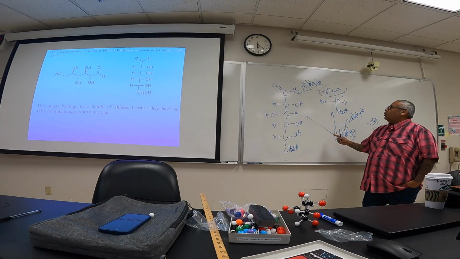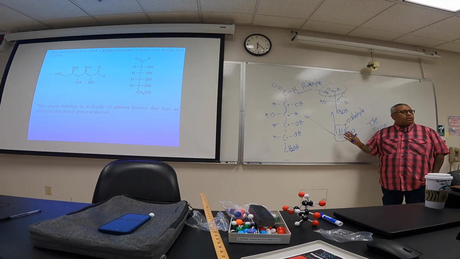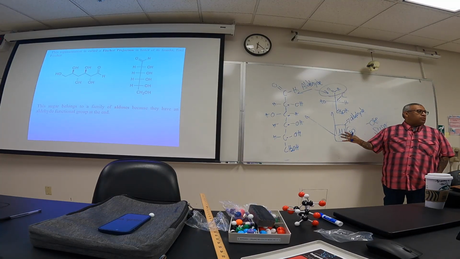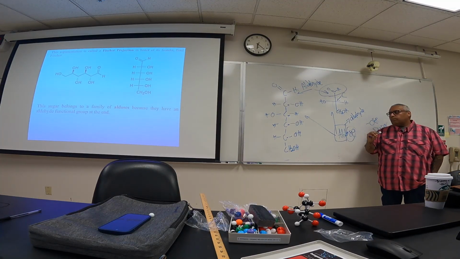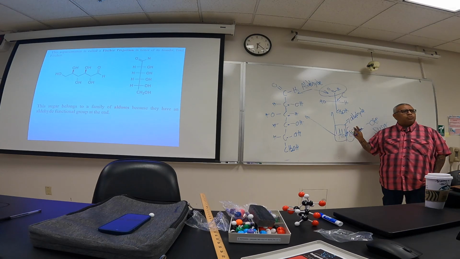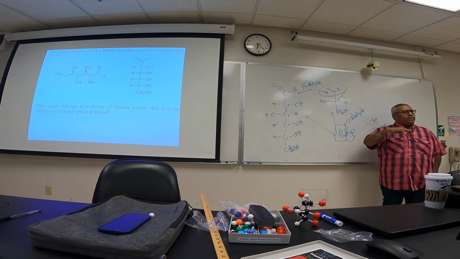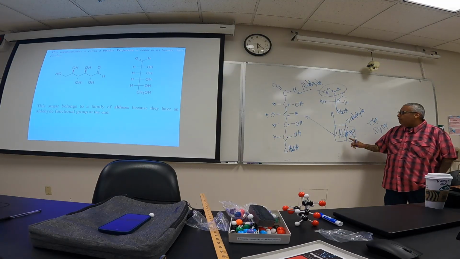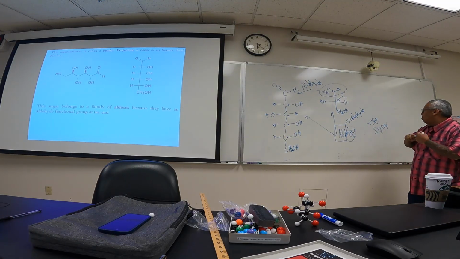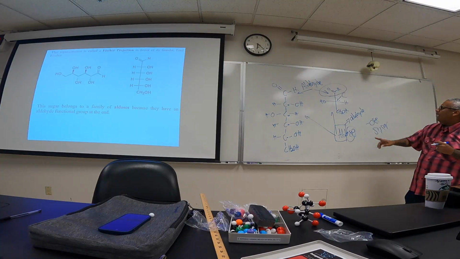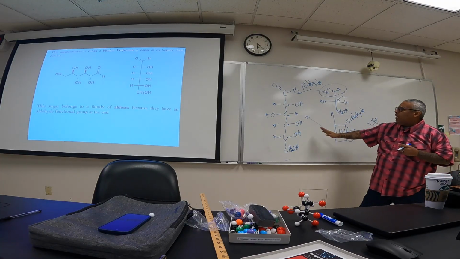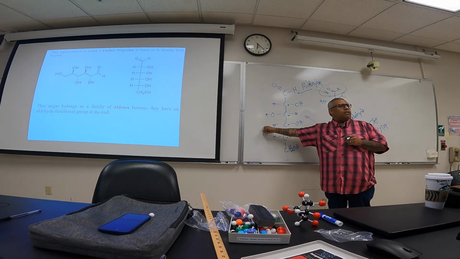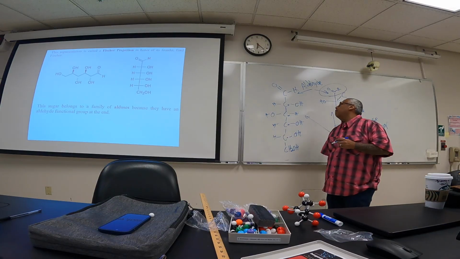We do need to learn how to name these sugars. There's a generic way, a couple of names you do have to memorize for the exam, but there is a generic way to name all of these particular sugars, right? I'm going to name this sugar, and then I'll have somebody help me name this sugar. Okay.